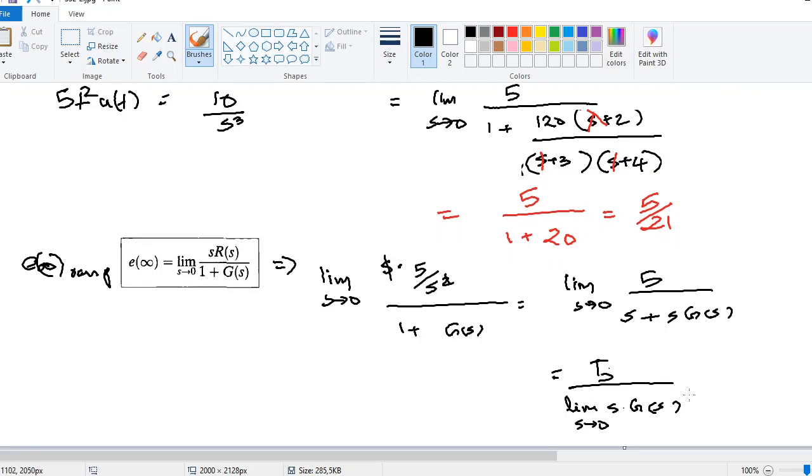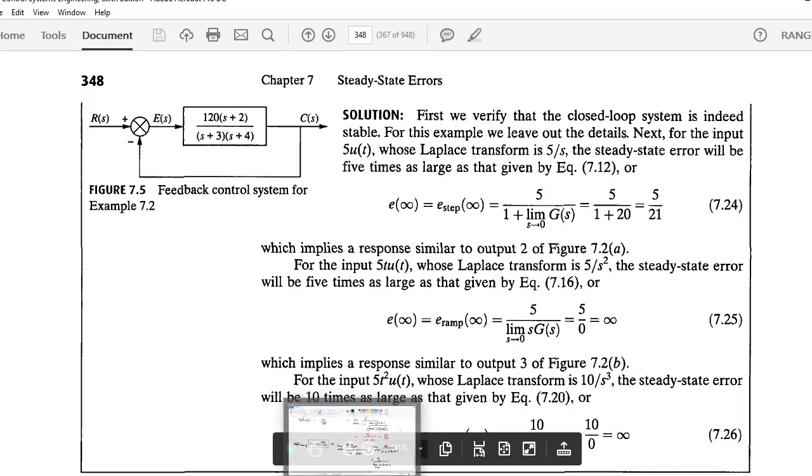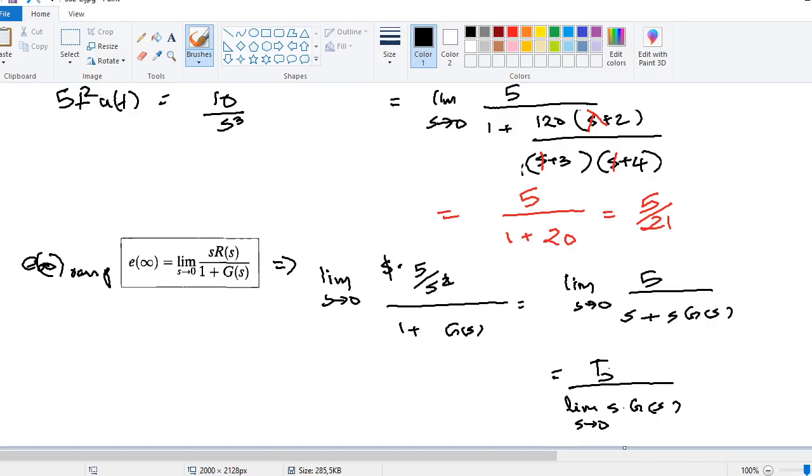Now when you apply the same formula, you don't even need to do the calculation here, because s is 0. So 0 multiplied by G of s is equal to 0. So this will be 5 divided by 0, which is equal to infinity.